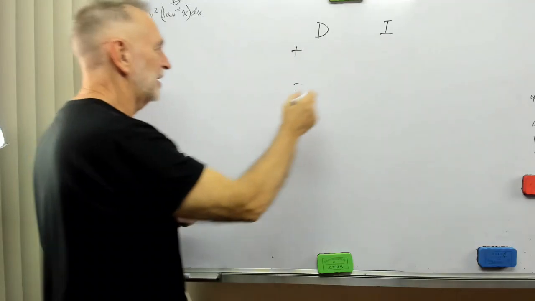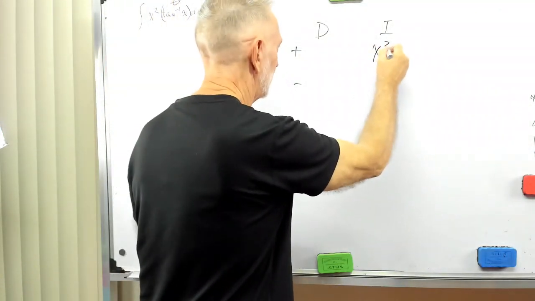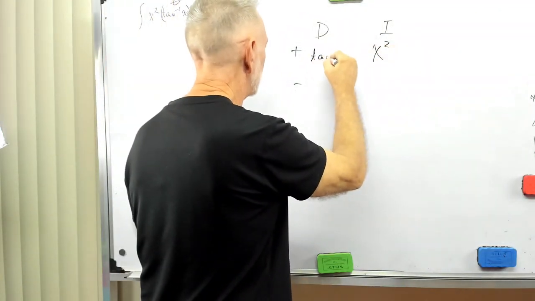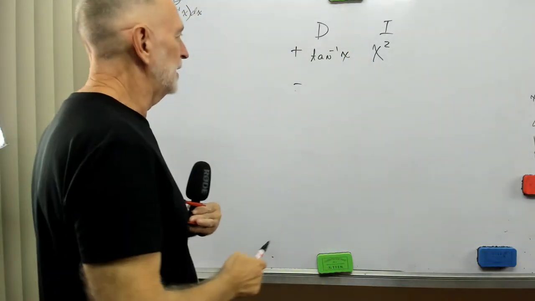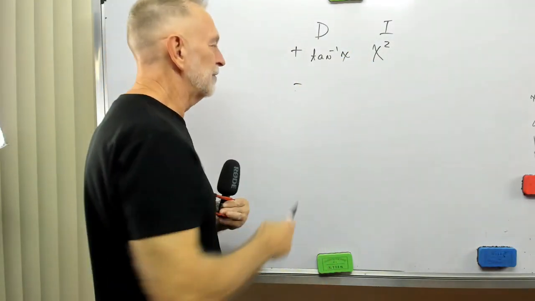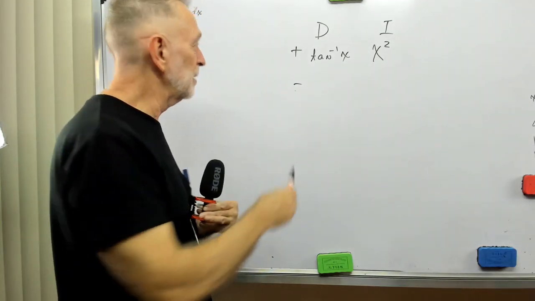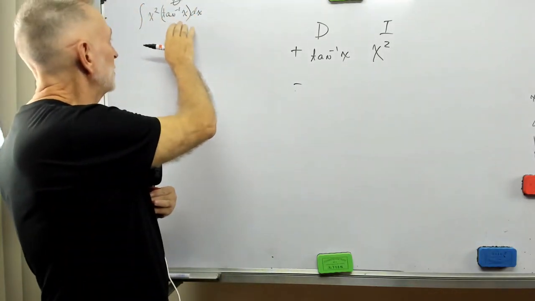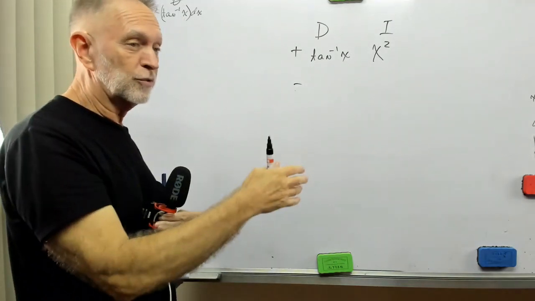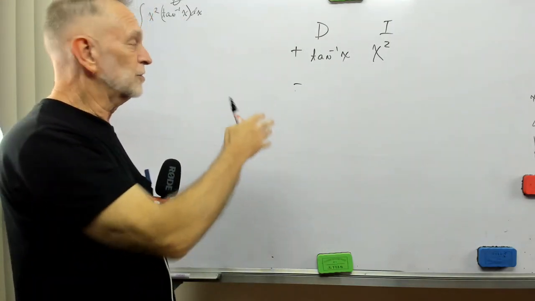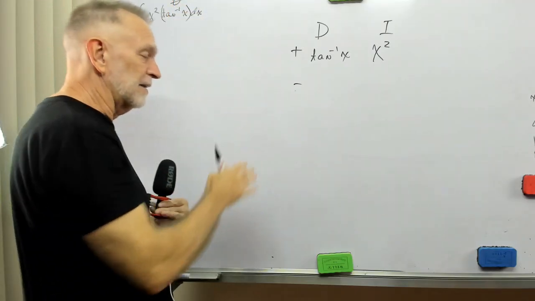I can integrate x squared, so I'm going to write that here. Tangent inverse x. Okay, I need to take the derivative of tangent inverse x. Remember, the inverse could be sine inverse, cosine inverse. The inverse of any of those is the theta.